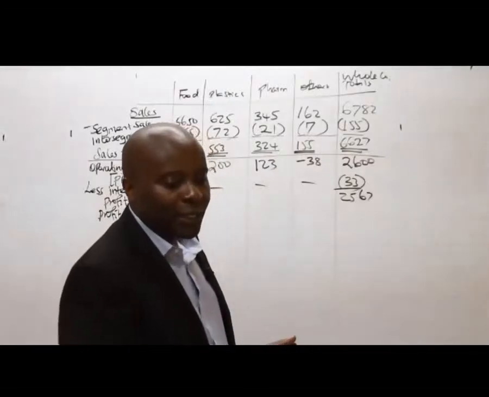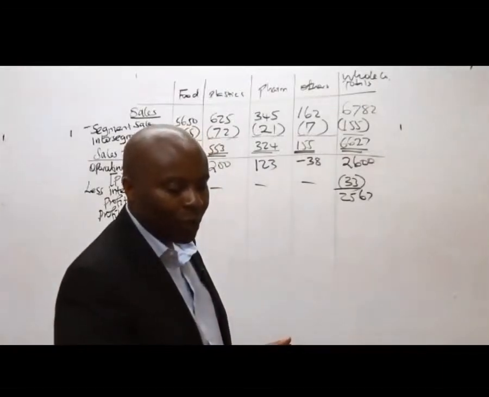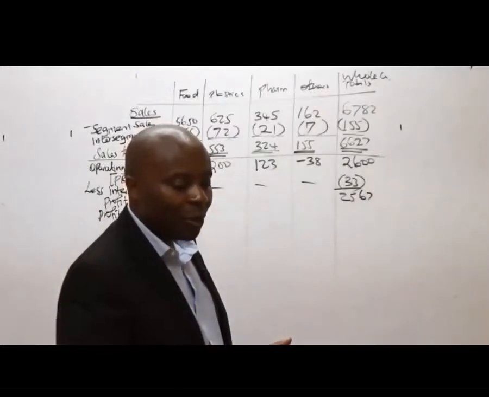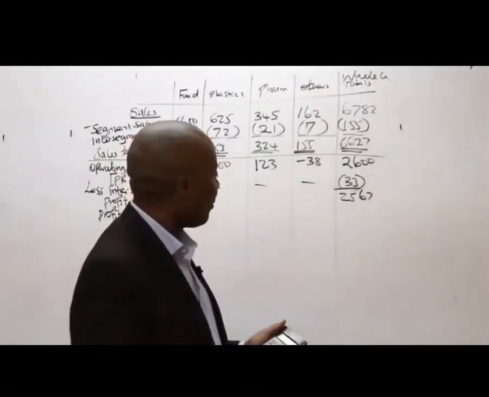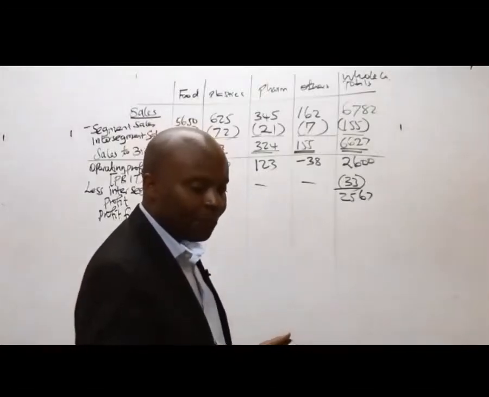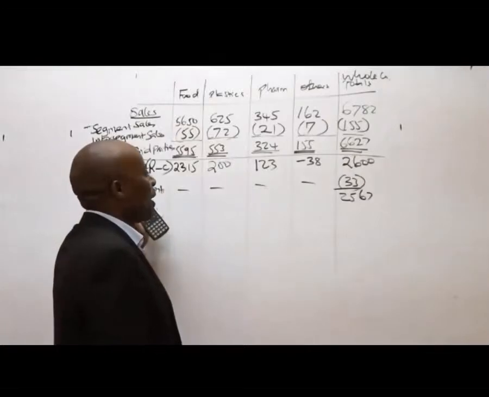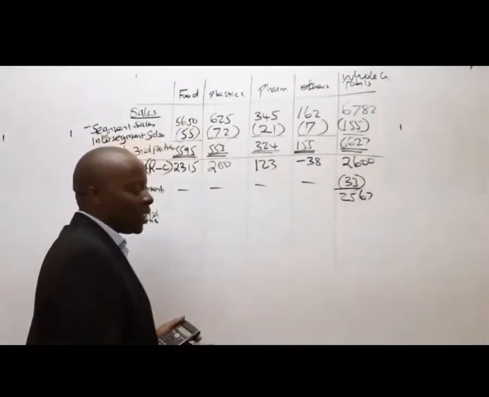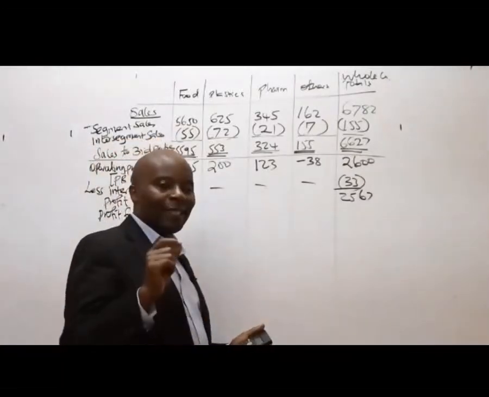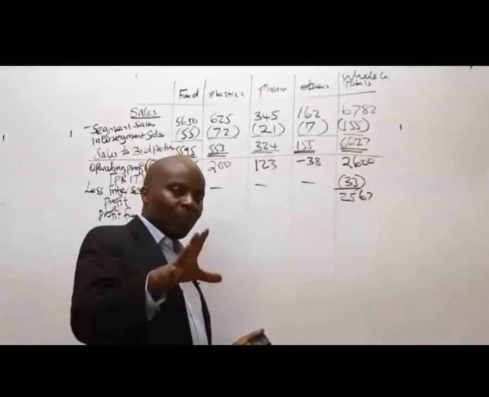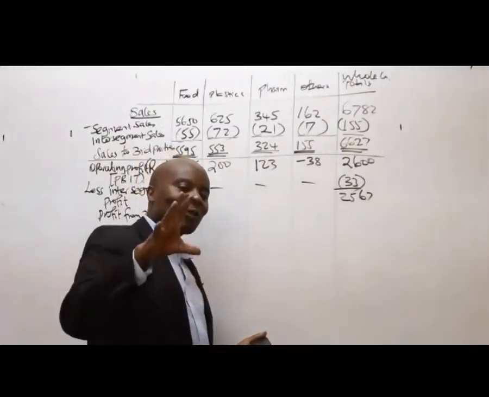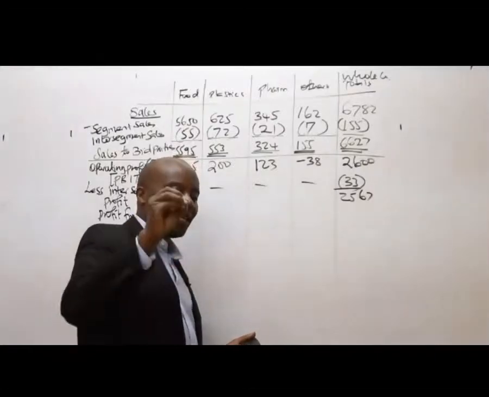Now after that, ladies and gentlemen, now that you are through with this, the next thing, remember, is that you need to bring in what we call the interest. Whatever you have here is profit before interest and tax. Now you need to bring on board issues of interest. But how do we bring them on board? Under a special column called other items.